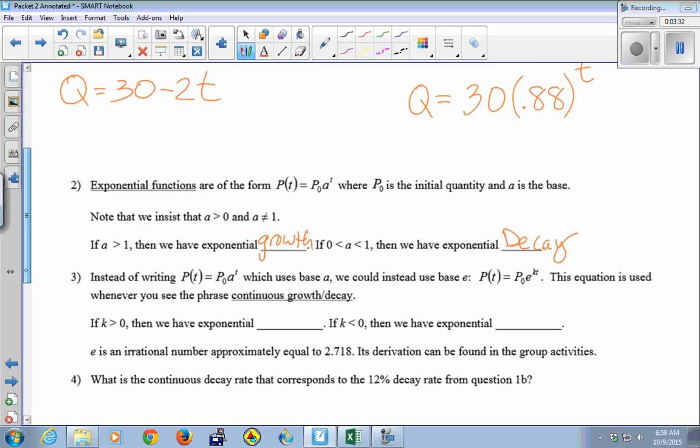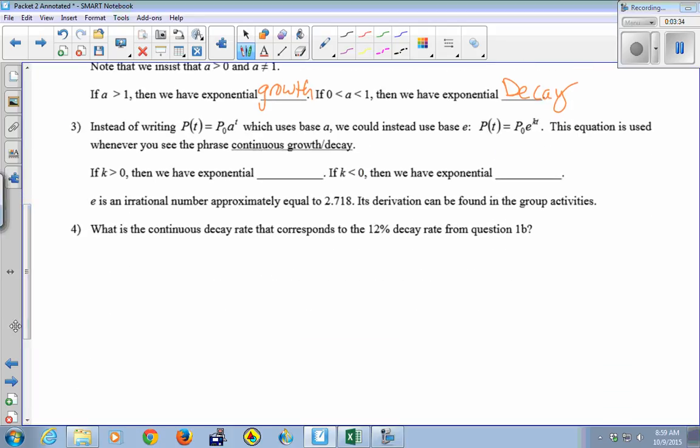All right, instead of writing P of T equals P naught times a to the T, which uses base a, sometimes instead we use base e. So instead of writing P naught a to the T, we would write P naught times e to the kT. Those are completely equivalent expressions, meaning they tell you all the exact same information. Any function that you can write as P naught times a to the T, you could convert to P naught e to the kT and vice versa.